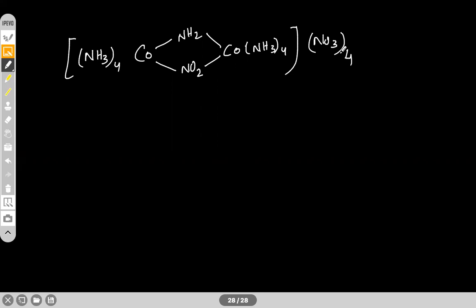So see, here we have two different bridging group ligands, right? One is amido, NH2, the other one is nitrito, NO2. So we'll write down mu 2 times here.